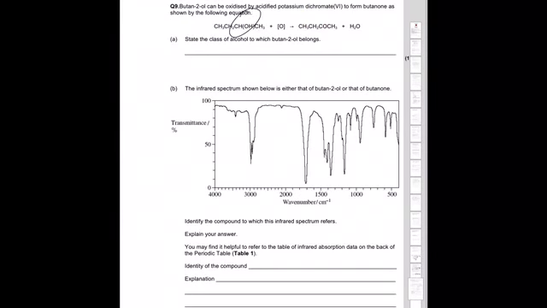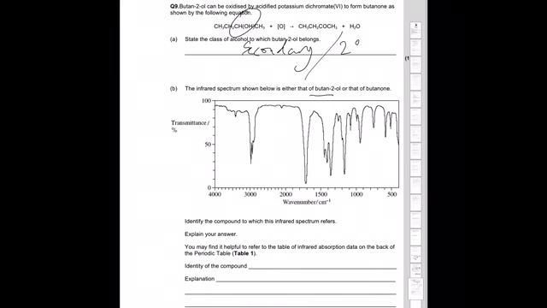Secondary alcohol. Okay, so what we're looking for, how we're going to show if it's secondary. Right, there's no OH, first of all, and we've got a C=C.